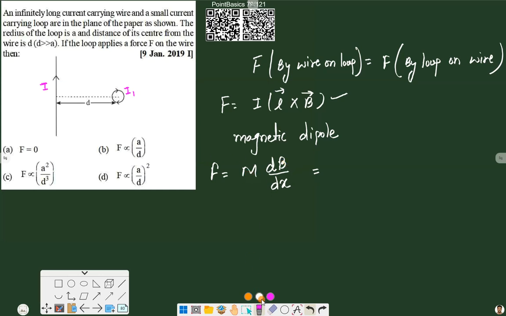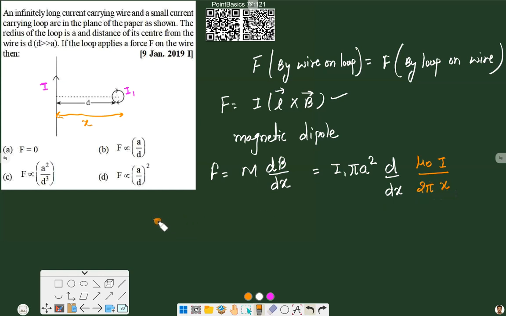So the magnetic dipole moment of this loop will be I1 times pi a square, and now dB by dx of the magnetic field. If this distance is x, it is already mentioned as d, we will put the value d after differentiation. The magnetic field at distance x from the wire is mu naught times current divided by 2 pi x.